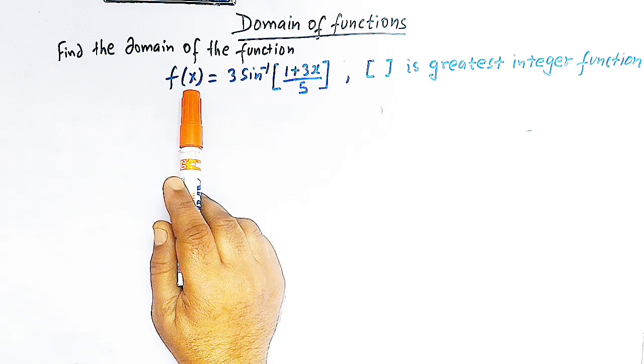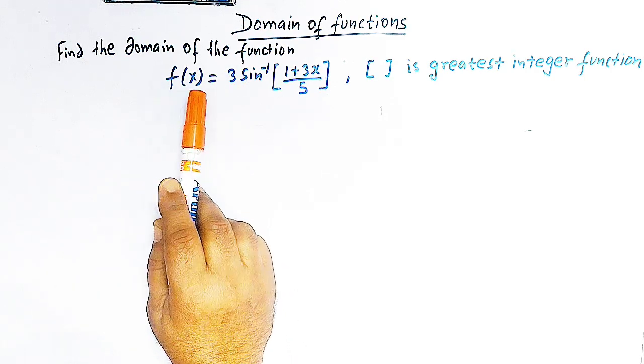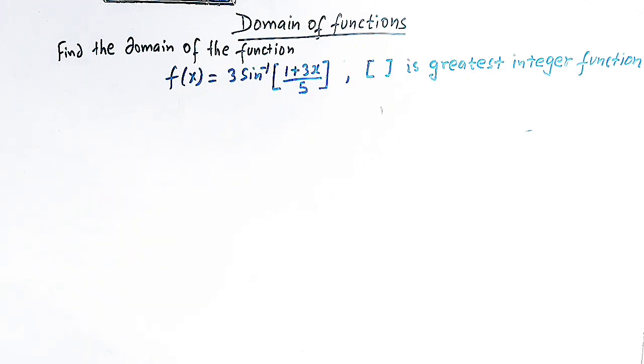Here we'll find out the domain of this function by using an important property of the greatest integer function. This is going to be an easy problem, and let us see how we can find the domain using that property.